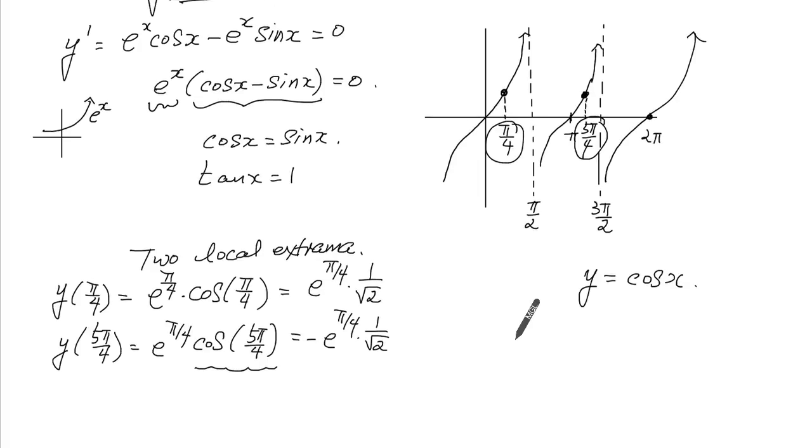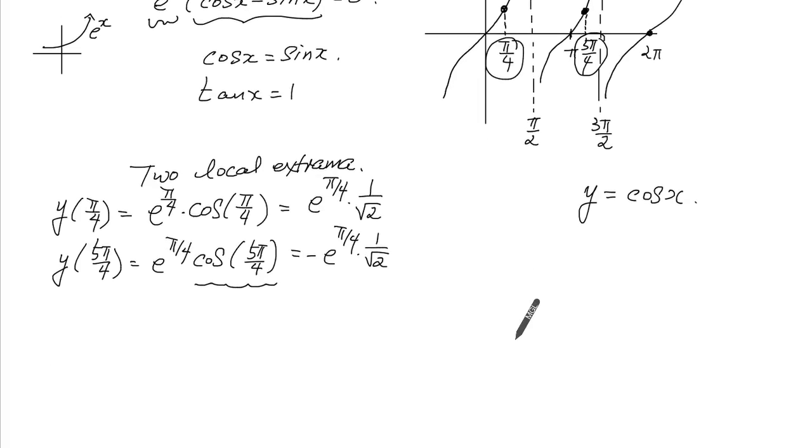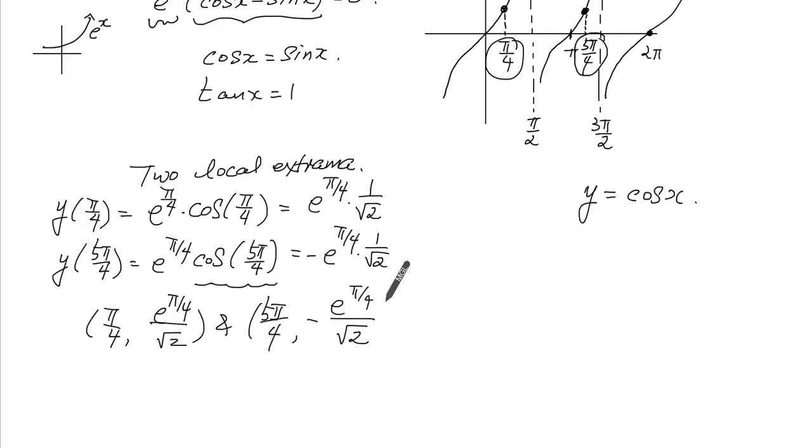Now the question is asking, okay, so the coordinates of the 2 local extrema are, let's write them here, pi over 4 comma e to the pi over 4 divided by root 2, and 5 pi over 4 comma negative e to the 5 pi over 4 divided by root 2.